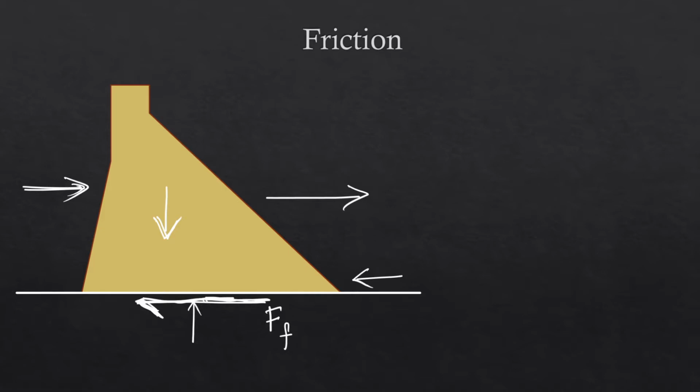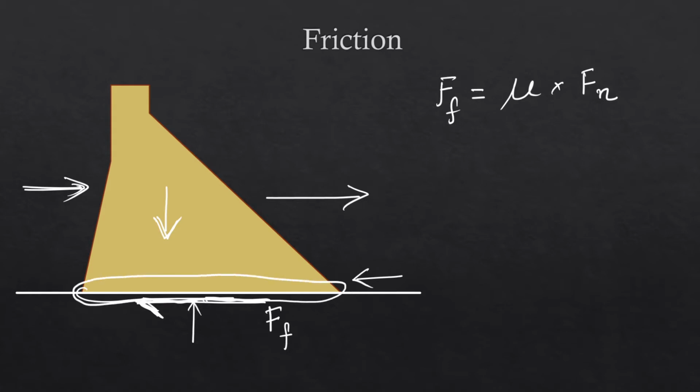So the frictional resistance will be calculated as some coefficient of friction multiplied by the normal force acting at this interface, that means at the interface between the dam and the river bed.